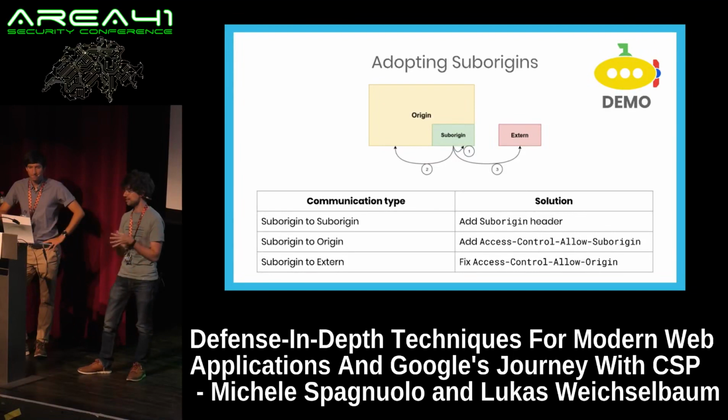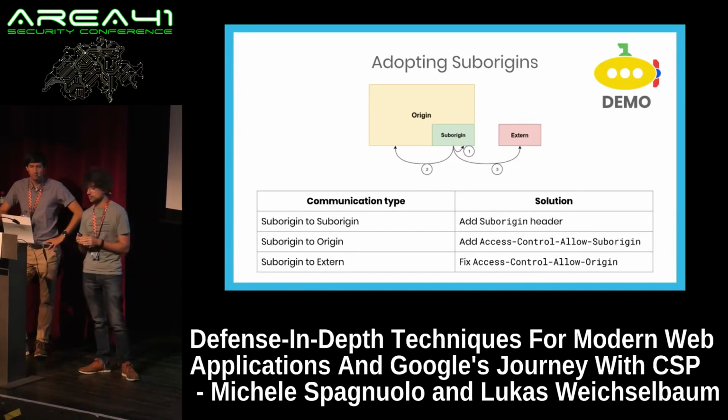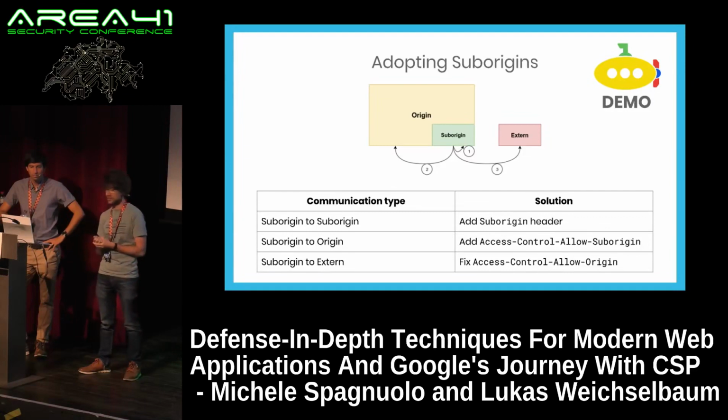Because the origin concept is made more fine-grained, communication depends on from what to what. Suborigin to suborigin is fine as long as both of the resources send the same suborigin header, because they're considered same origin.